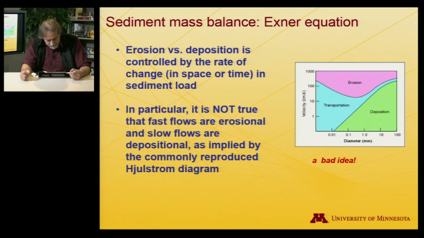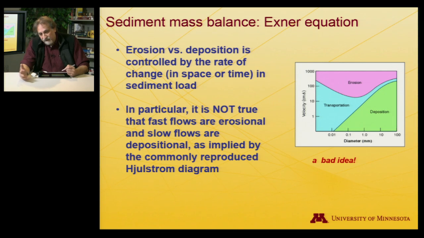And let me just end this part on the Exner equation with a note on an alternative that you commonly find, and a somewhat counterintuitive aspect of this equation. Human beings, for whatever reason, have a tendency to think of erosion and deposition in terms of speed of flow.